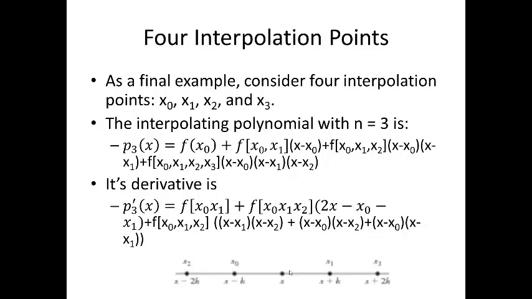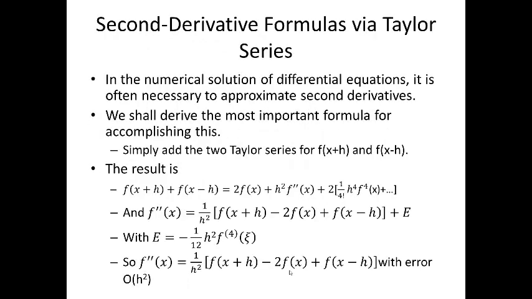Now let's look at how we can deal with second derivatives. Well, again, this comes back to Taylor series, and in the numerical solution of differential equations, we oftentimes have to approximate second derivatives. We'll derive the most important formula for accomplishing this.